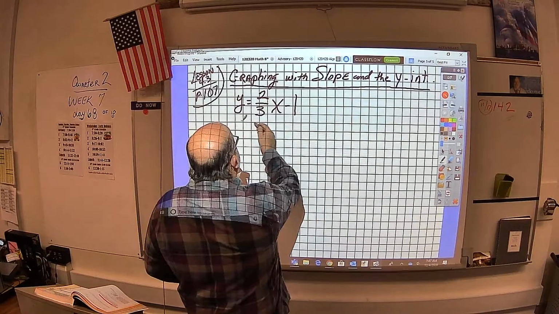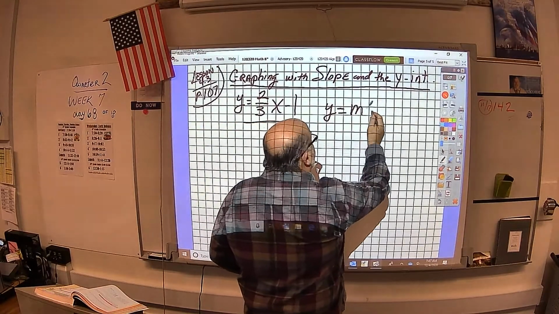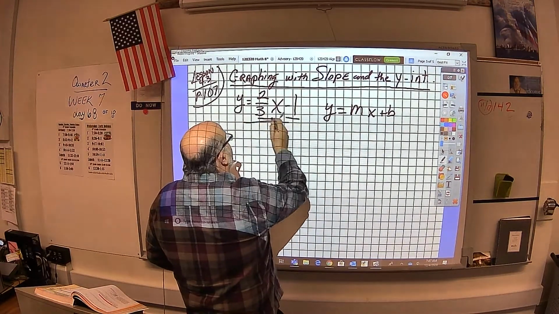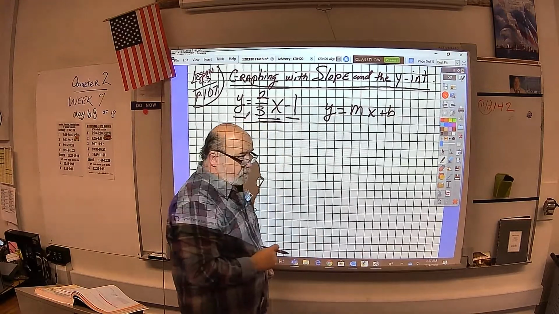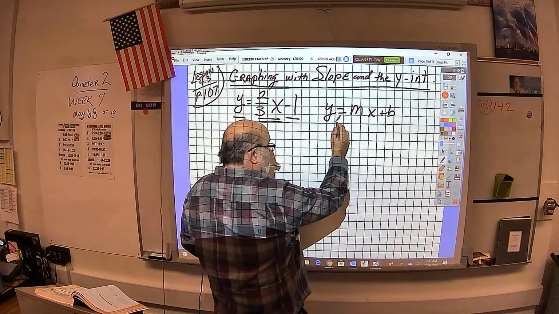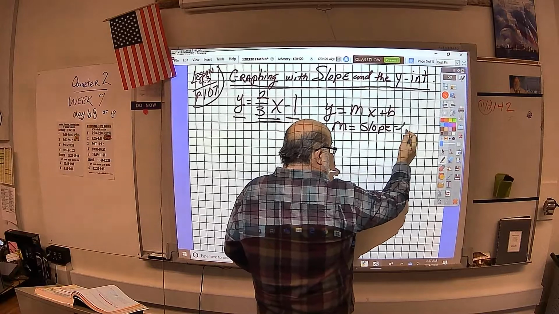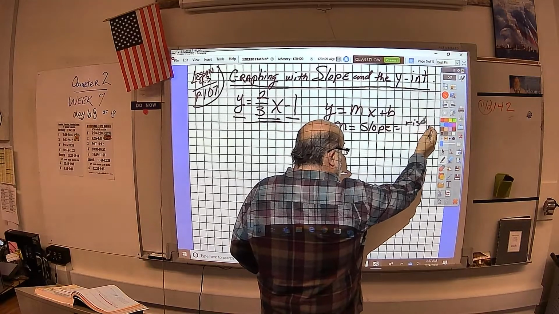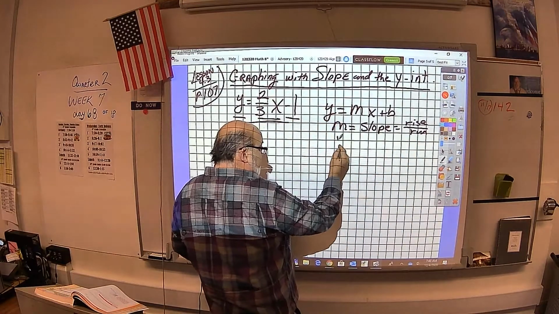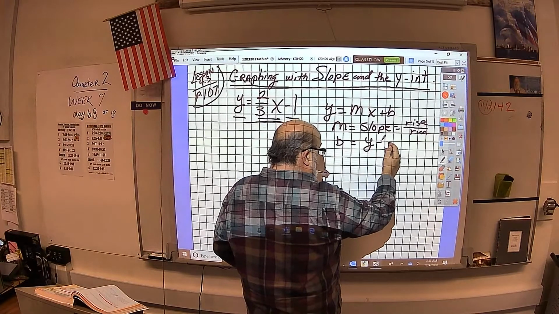But here's our formula, and we now know that is y equals mx plus b. So if I underline my terms, you've been doing since 7th grade, I know m is slope, and I'm going to use the short version here, which is rise over run, and b is supposed to be where we start our graph.